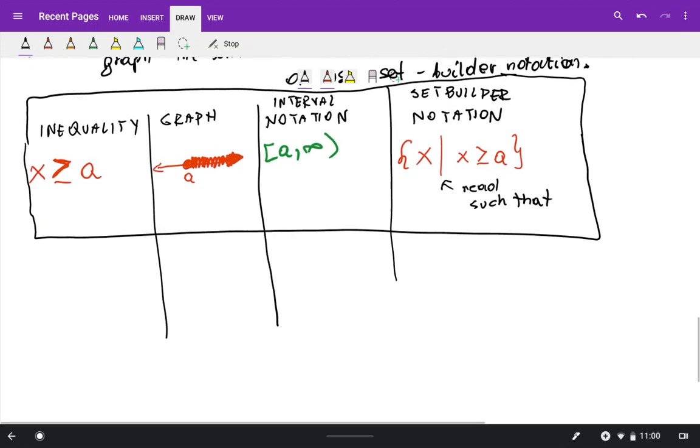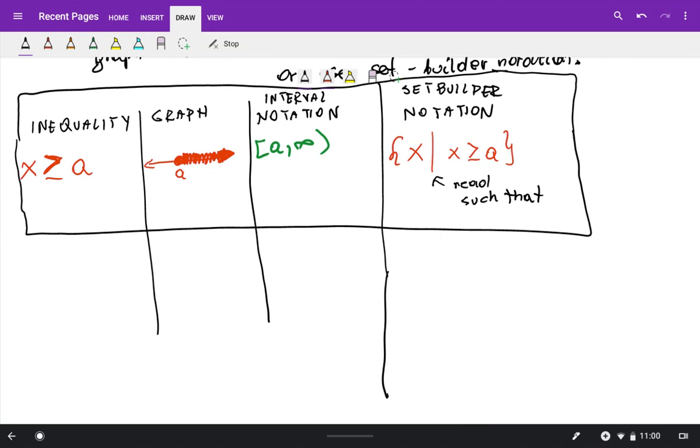Okay, next one will be x greater than a. So to graph that, you're putting a on the number line. In this case, we're not including a, so you keep an open circle. Greater, the inequality matches the direction on the number line, so you're shading everything to the right.